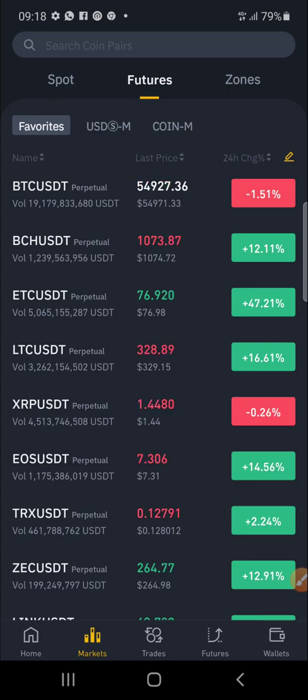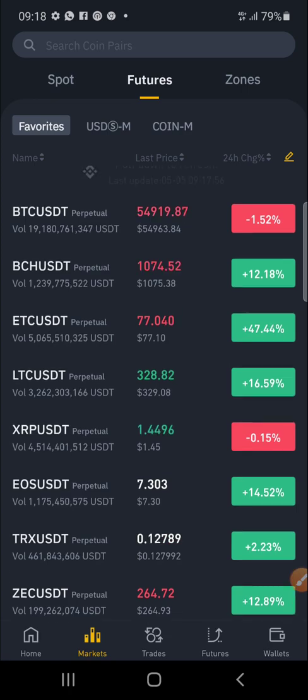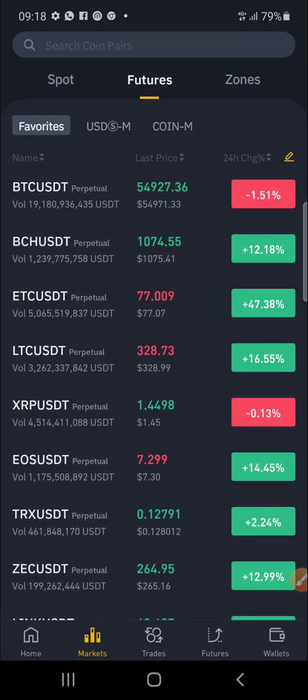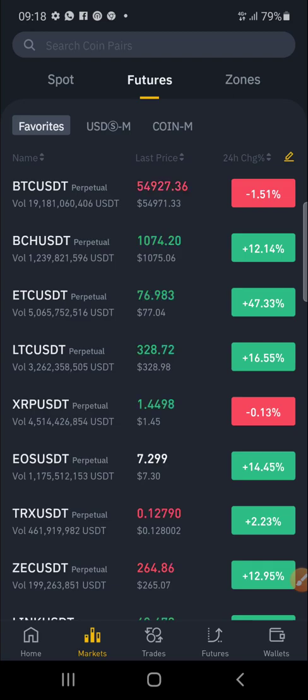We use Bitcoin to buy other coins. We use Ethereum to buy other lower coins, with Ethereum being the base currency and the one we are buying being the quote currency. Also in spot, we can use USDT to trade comfortably.